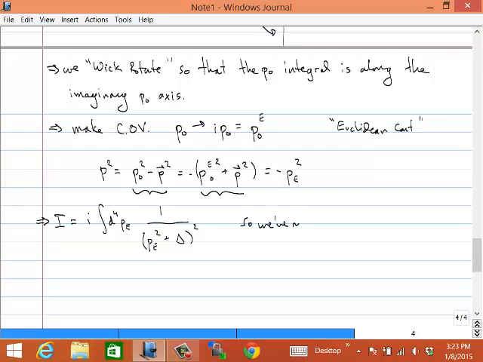So we've removed the dangerous pole where the denominator could vanish. Okay. Any questions on this? This is very similar to the manipulations that we did when we studied propagators in free quantum field theory, so hopefully it's not too unfamiliar.